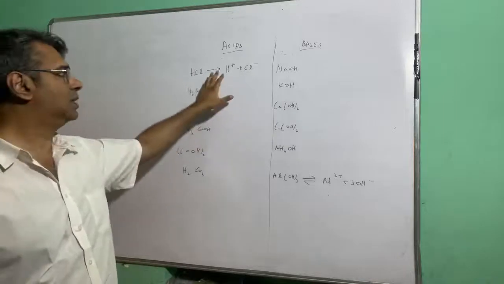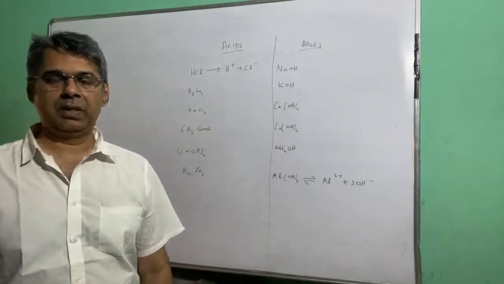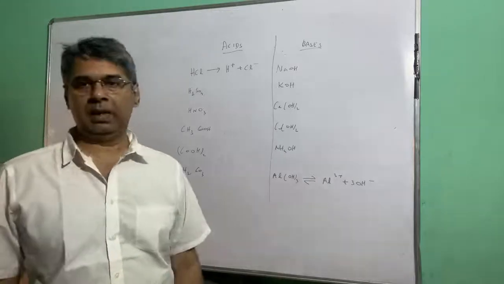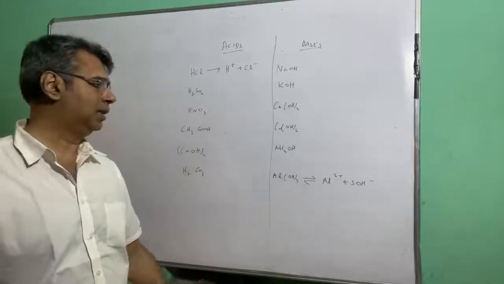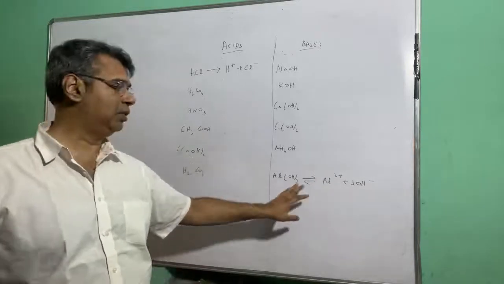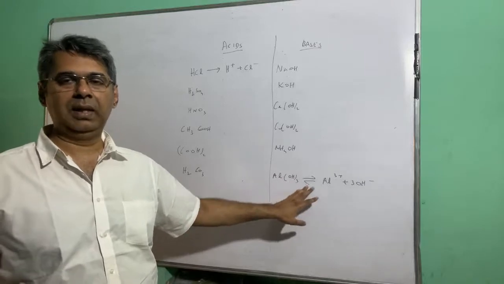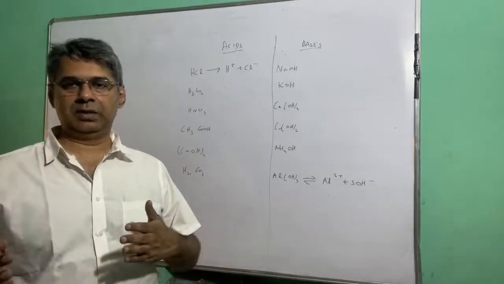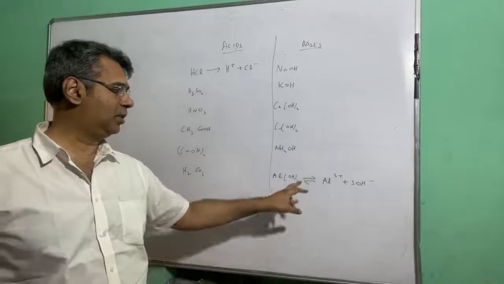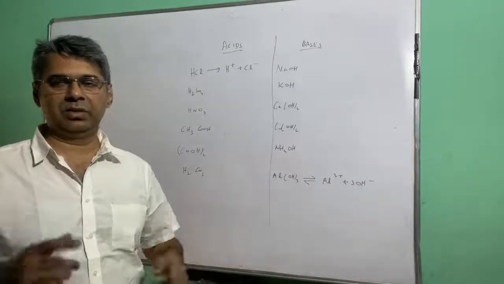So it is a strong acid. Aluminium hydroxide is not a strong base, so that's why we put a double arrow. Double arrow means that a stage will come when you will have some ions, but you will have some undissociated aluminium hydroxide, and they both will stay together in the solution. It is like this way as well as that way.